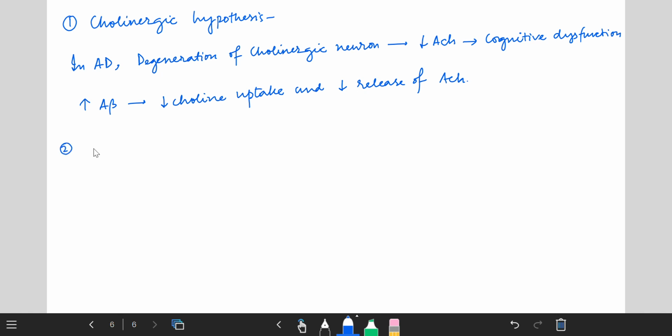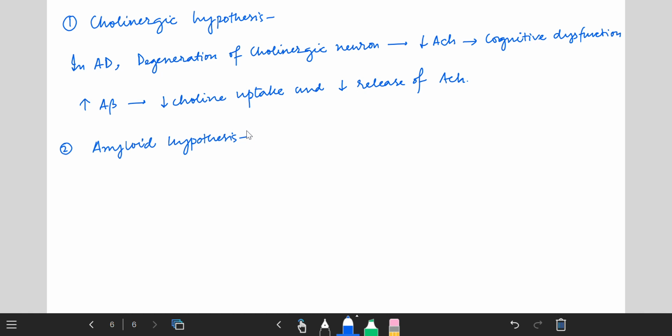According to the second hypothesis, the amyloid hypothesis, studies state that abnormal deposition of beta seeds in the central nervous system has a strong correlation with dementia. Normally, amyloid plaques or proteins deposit in the brain.